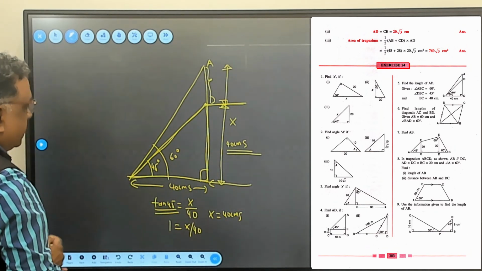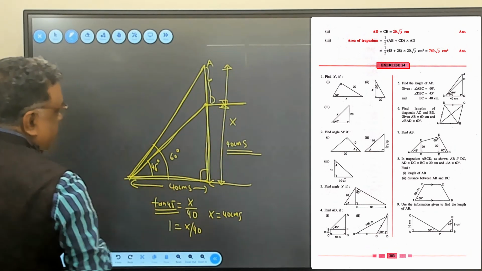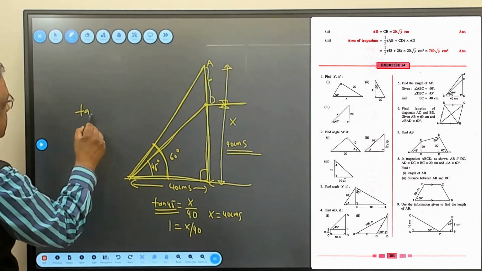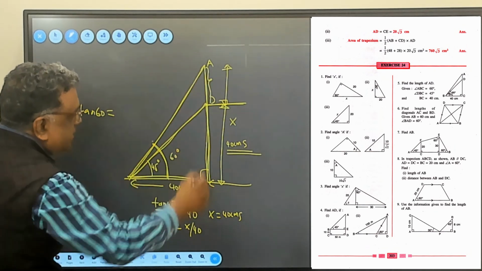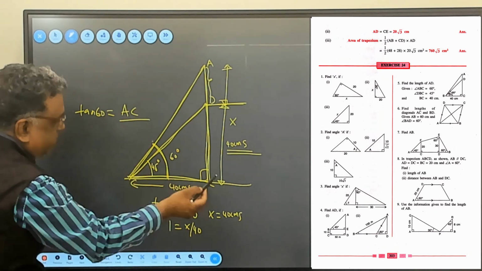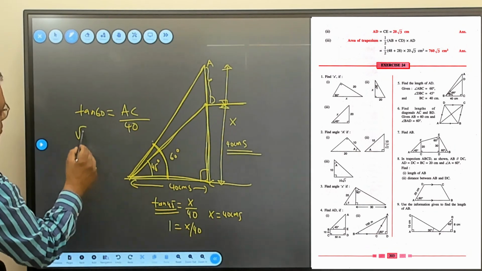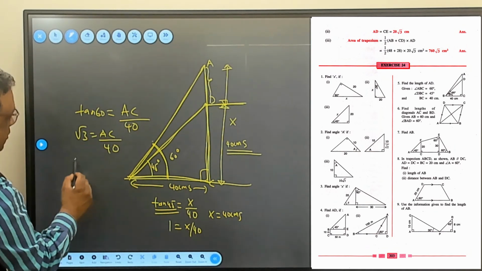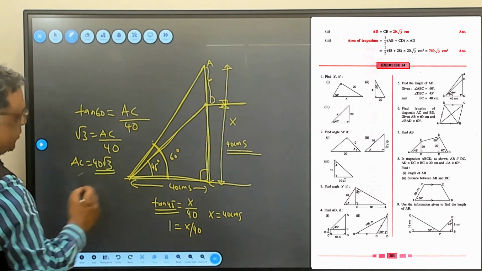Now if I take this बड़ा वाला triangle, this big triangle, and in that I take tan 60. This is tan 60, which is this, which is AC upon adjacent 40. Tan 60 is how much? √3, which is AC upon 40. तो AC की वैल्यू कितनी होगी? 40 √3. हुई कि नहीं?